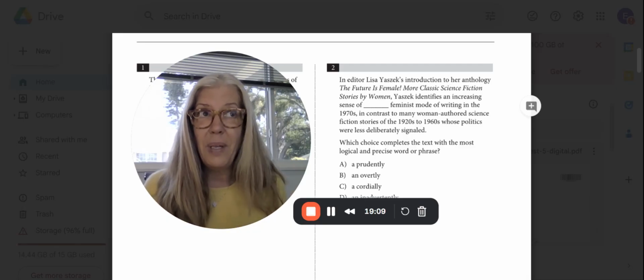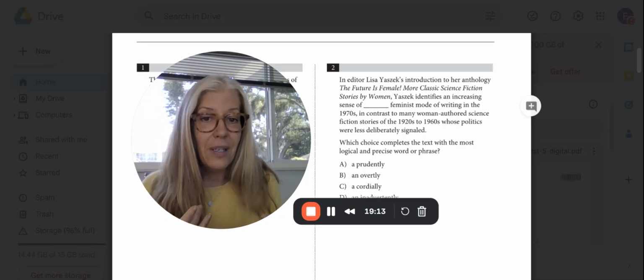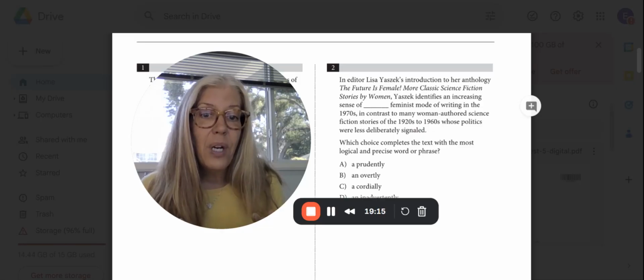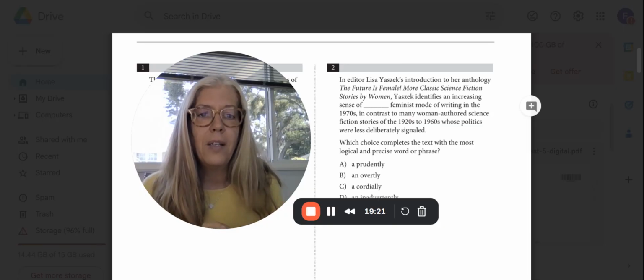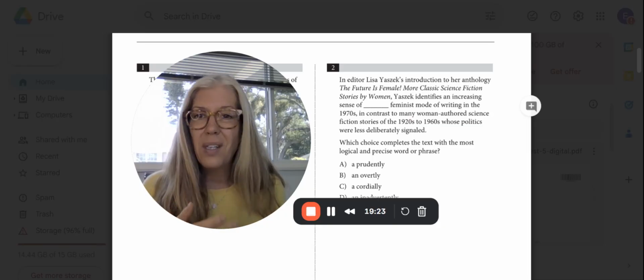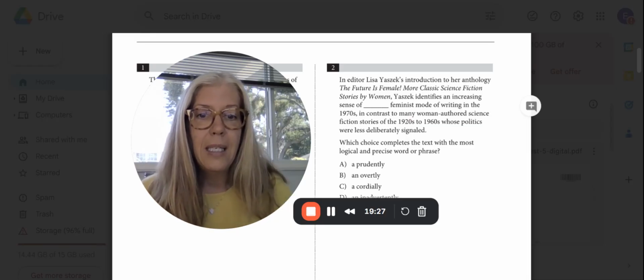Sometimes this just becomes a game of pulling off prefixes and suffixes. So on A, what I want to do is pull off this suffix, ly. I don't see a prefix on here necessarily, but I do see a suffix, ly, which is a common suffix. So I'm going to pull off that ly, and I'm going to get down to the root or base word, prudent.